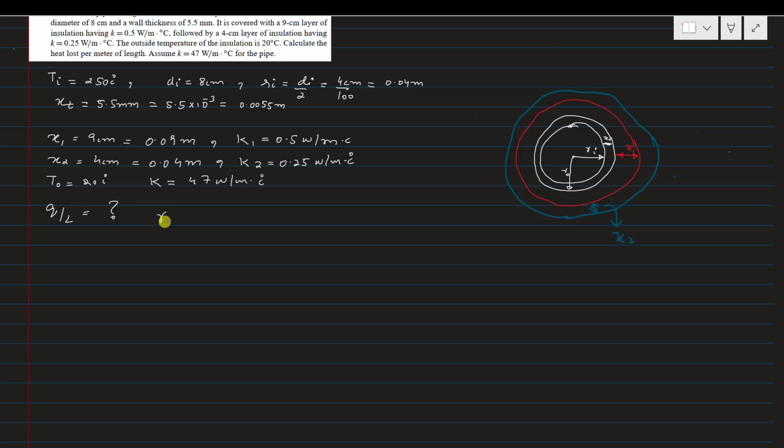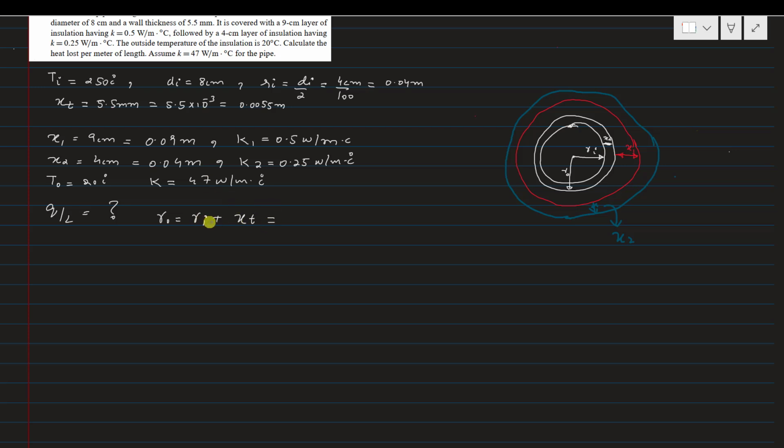So R0 will be equal to Ri plus the thickness of the pipe, Xt, which is 5.5 millimeters.